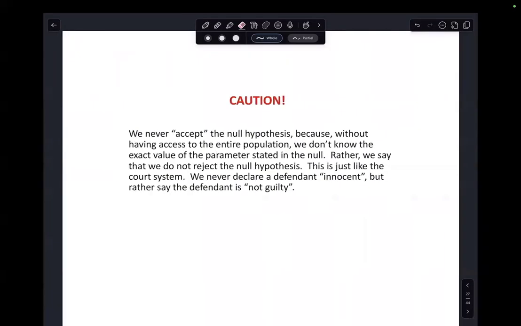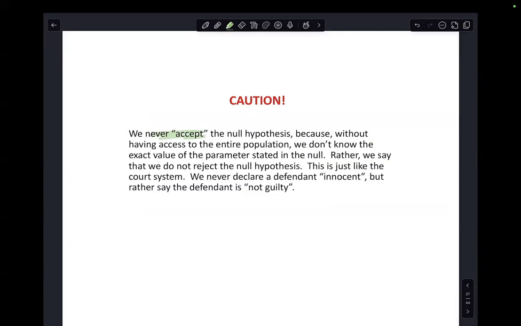Okay, this is important, so important. We never ever accept the null hypothesis. Never ever. You reject or you fail to reject. Just like you don't ever declare a defendant innocent, you declare them not guilty just because you don't have enough evidence.